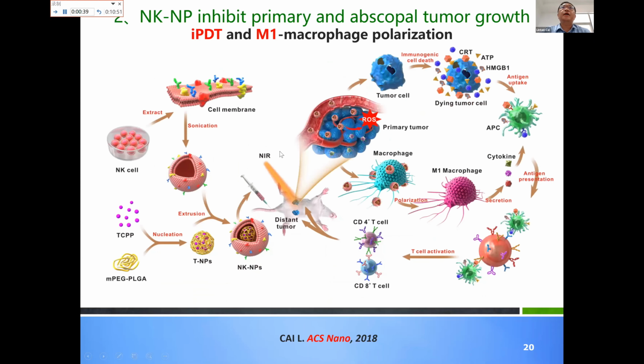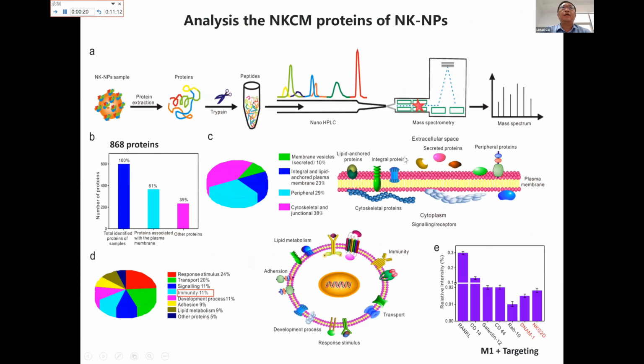And this is using the NK membranes. It is another way. This is normally for the ICD process. There is also another way, M1 macrophage polarization, to activate another type of immunity behavior. This is some analysis. We use proteomics to analyze these 868 proteins and find some very interesting proteins, such as this one for targeting.